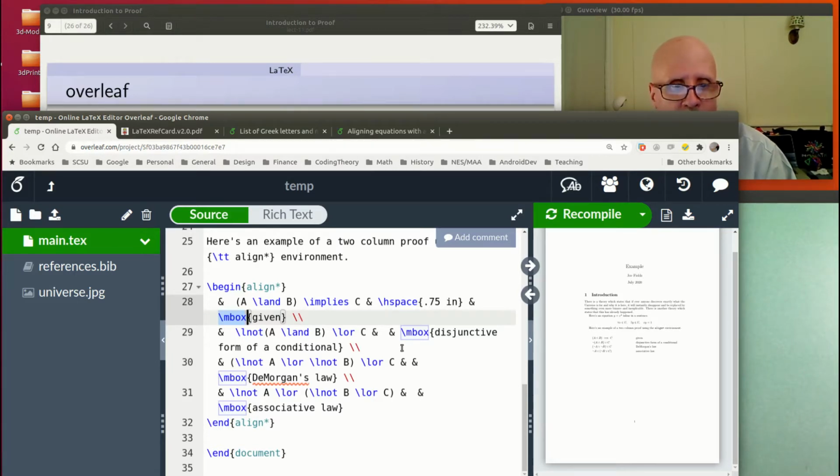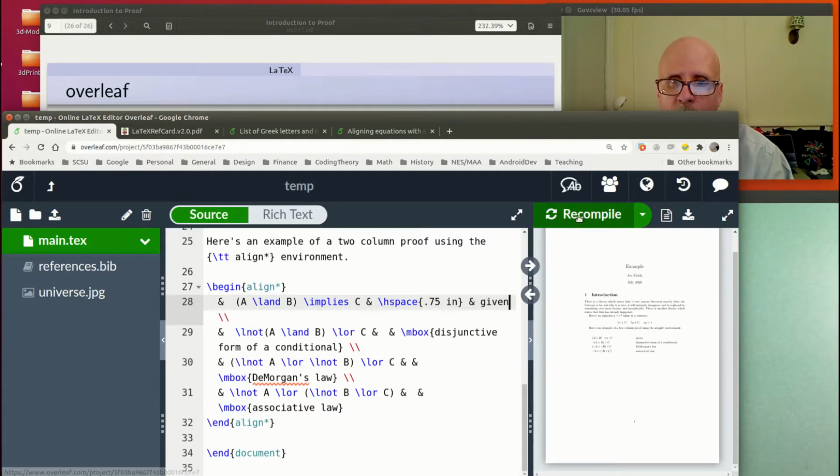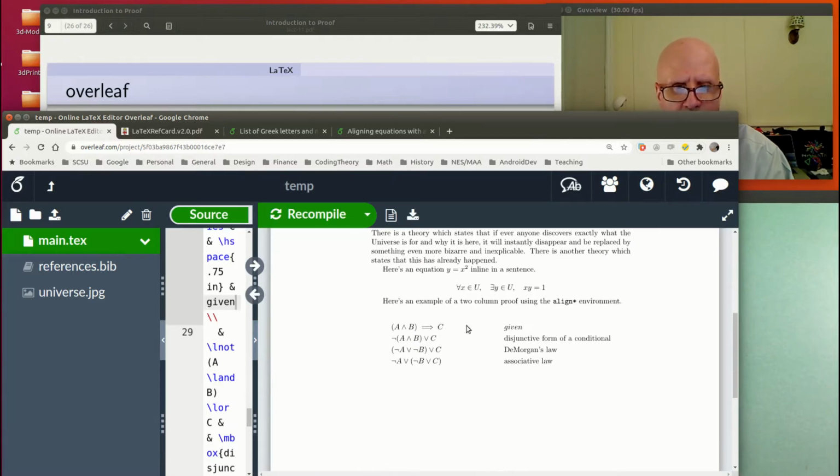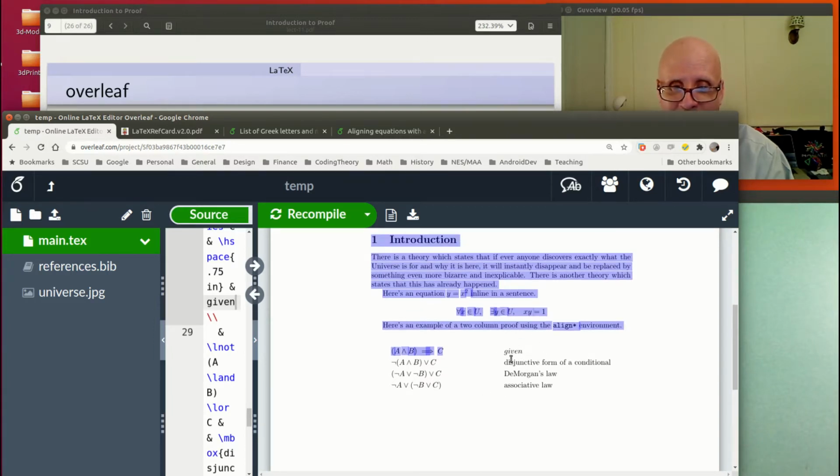So if you didn't put the mbox there, I'll show you this. If that didn't have the mbox and it just said the word given, let's recompile. And let me make the output giant so you can see what happens. Do you see how the word given got rendered? Well, I broke something. Anyway, you can see how the word given is rendered.